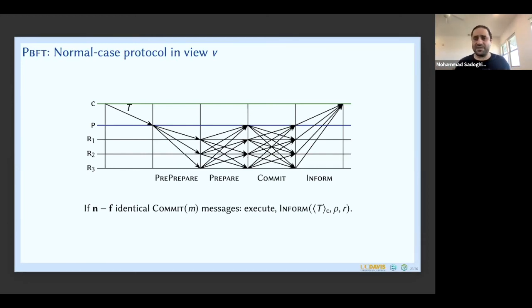If enough people have seen it, then they tell the client, we got your message at this sequence number, we executed it, and we informed the client. Very simple at the high level. But the intricacy is in the details.